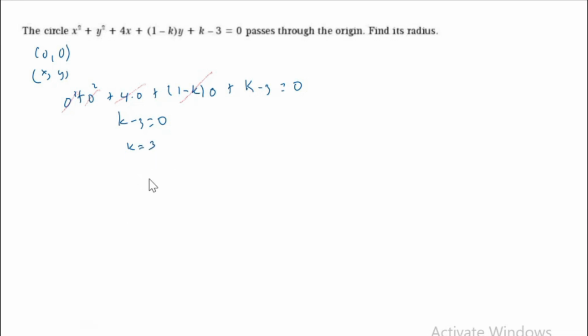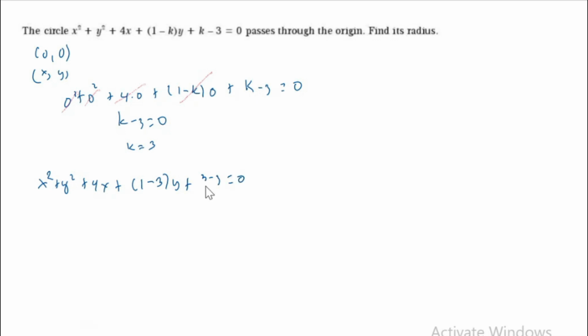After knowing the value of k, we are going to substitute it in the original given. So we can write x squared plus y squared plus 4x plus (1 minus the value of k that we solved earlier, which is 3) times y plus 3 minus 3 is equal to 0.